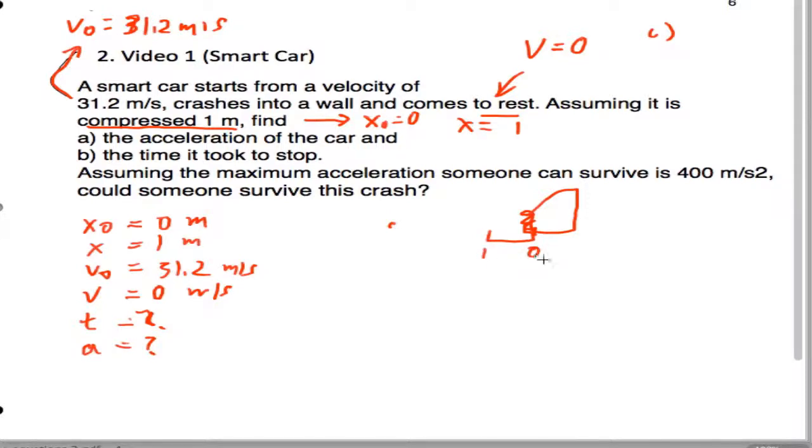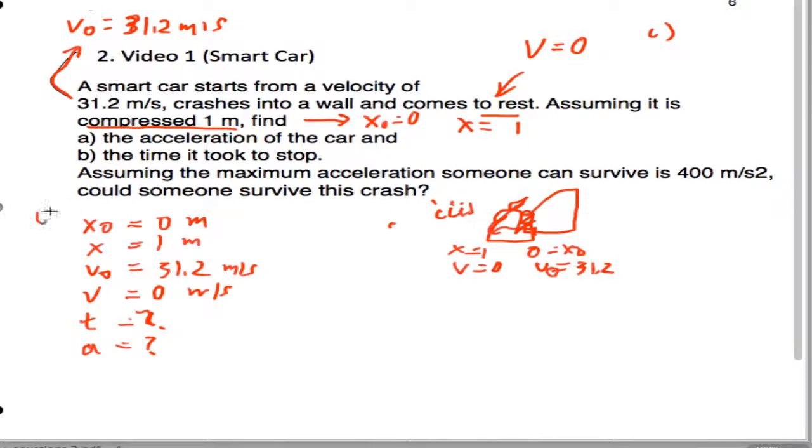Here's 0 to 1 meter. And I'm going to say that we start off with a speed of 31.2 with a final speed of 0. And I'm just going to leave it at that. I don't think we really know anything else. And then I'll just draw the crumpled car right here. It's a bad drawing, but it's the best I can do. And I know some of you have much better skills than I.